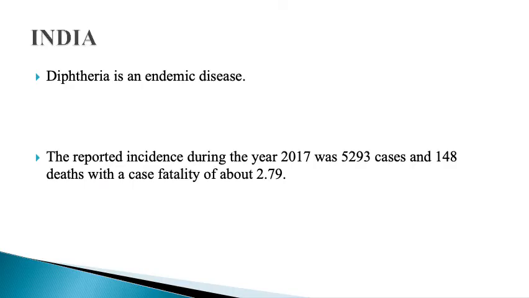Coming to the Indian scenario, diphtheria is an endemic disease. The available retrospective data indicates a declining trend of diphtheria due to the increasing coverage of immunization in children. The reported incidence during the year 2017 was 5,293 cases and 148 deaths, with a case fatality rate of about 2.79.